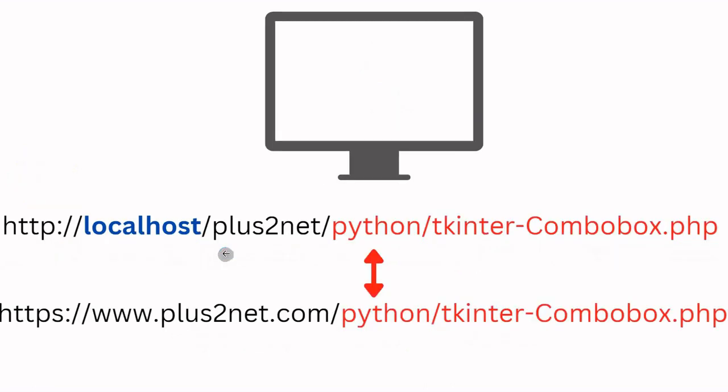We'll explore that. Now let's try to understand this particular URL. These are two URLs serving the same content but running at two different locations. The first one runs on a laptop or desktop, in the local machine, as a mirror site, and the same thing is maintained on the internet.